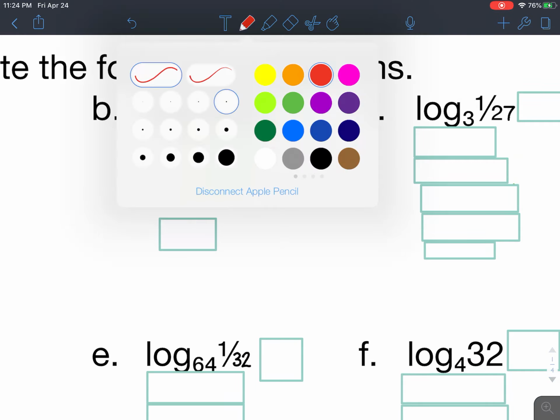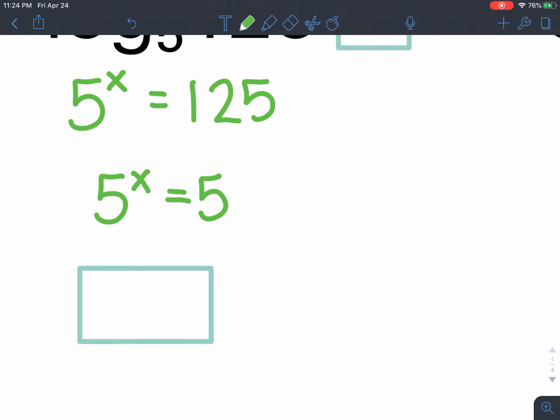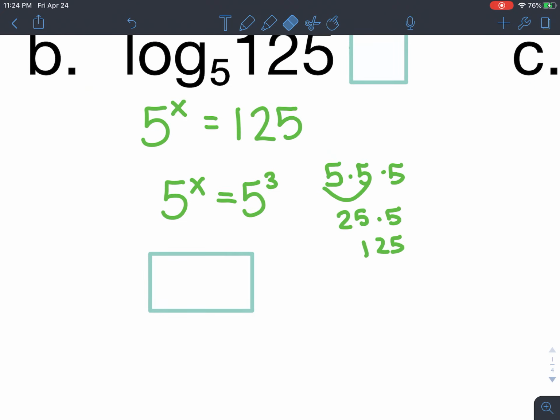I don't know what happened to me there. Oh, well, what are you going to do? That's supposed to be a 3. Because 5 times 5 times 5, that's 25 times 5. Yeah, 125. Just double checking. So that means what's under this box, of course, is going to be wrong. But that's okay. We'll just fix it now.